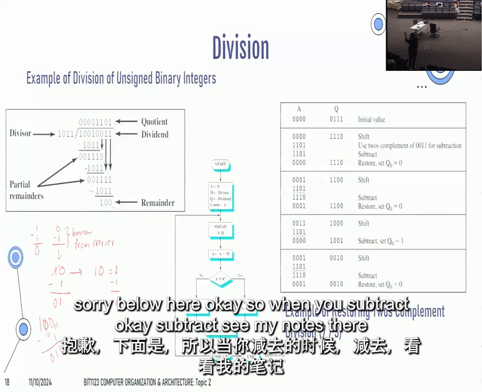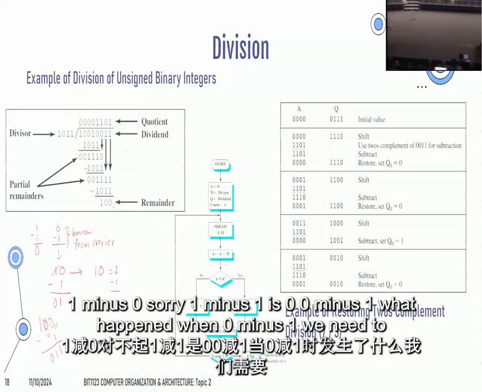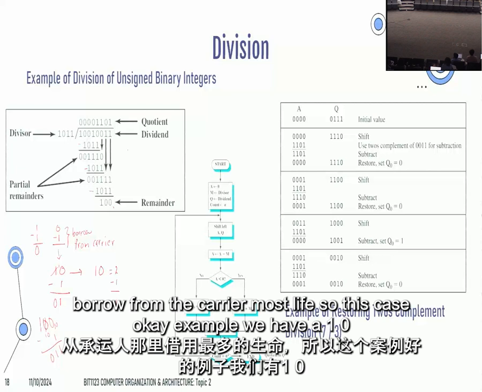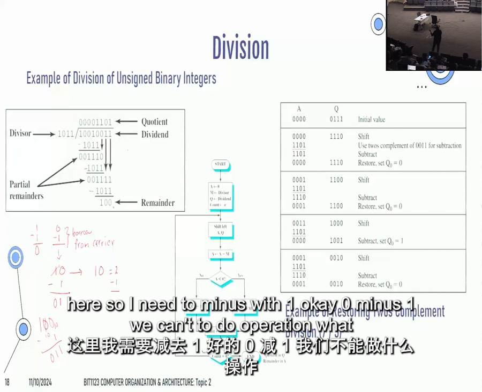When you subtract, see my notes there. 1 minus 0. 1 minus 1 is 0. 0 minus 1, what happened? When 0 minus 1, we need to borrow from the left. So in this case, for example, we have a 1, 0 here, and I need to minus 1. 0 minus 1, we can't do the operation.